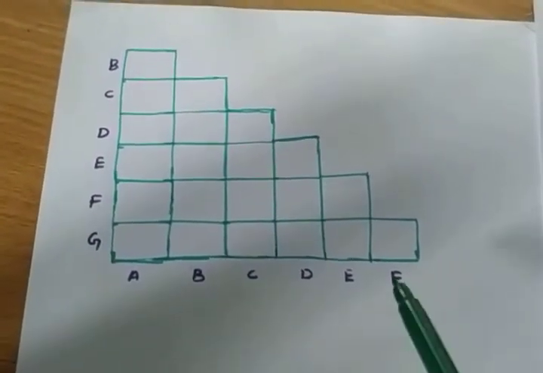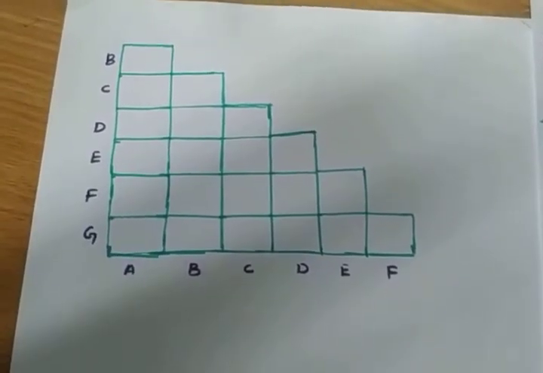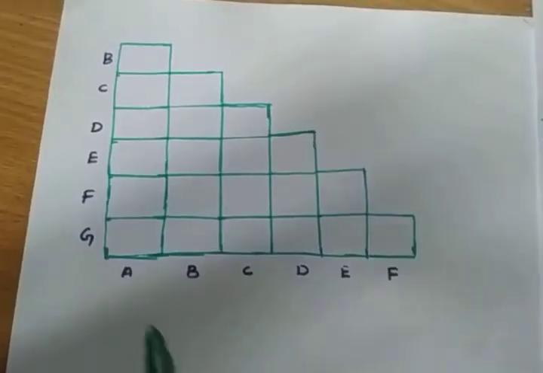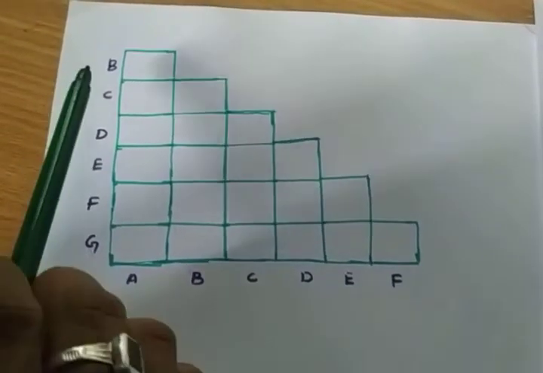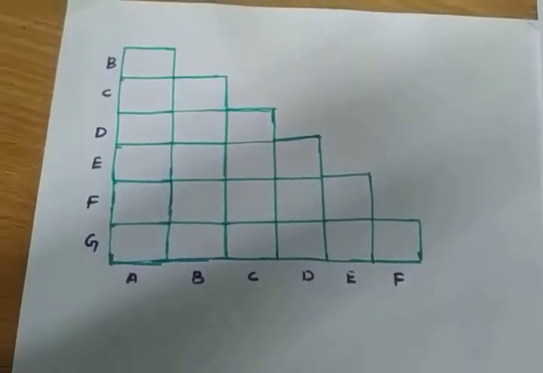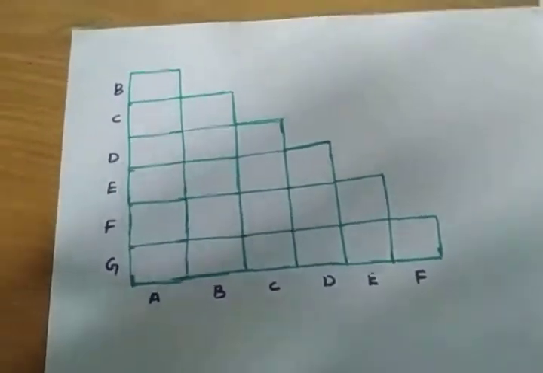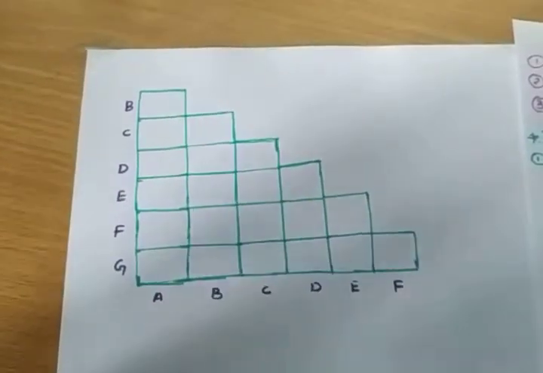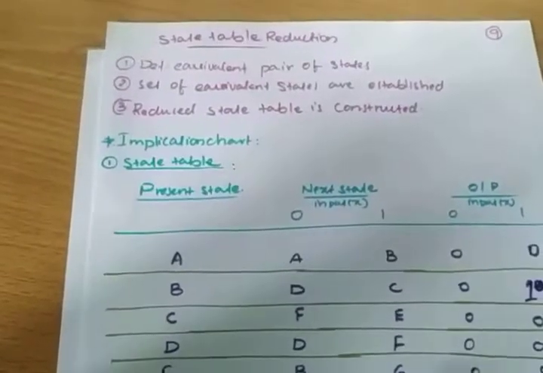How to give that? First, look at column A and look at row B. This is the cell at the intersection of A and B. Look at the entries for that cell.